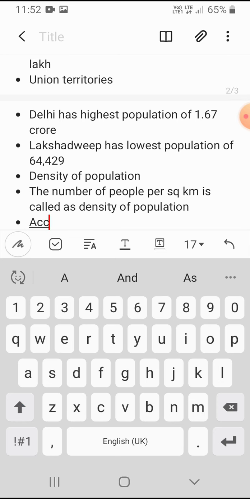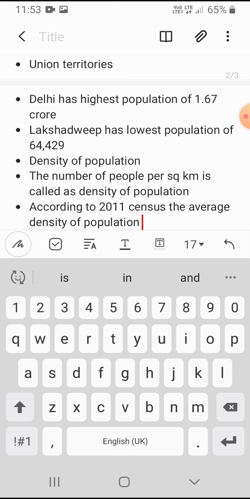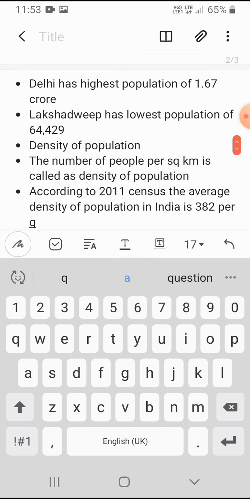According to the 2011 census, the average density of population in India is 382 per square kilometer, meaning 382 people live in each square kilometer.